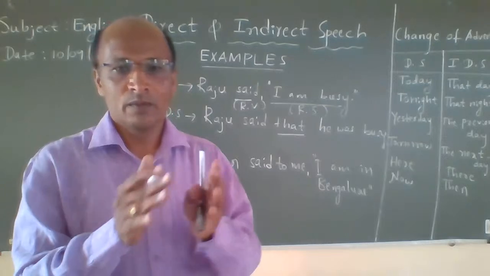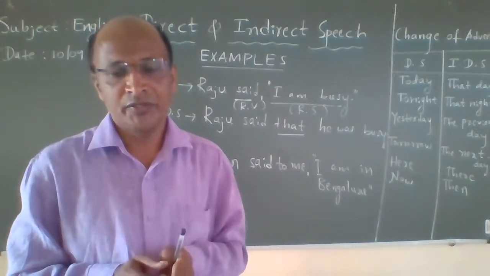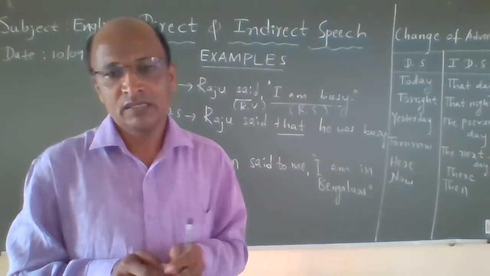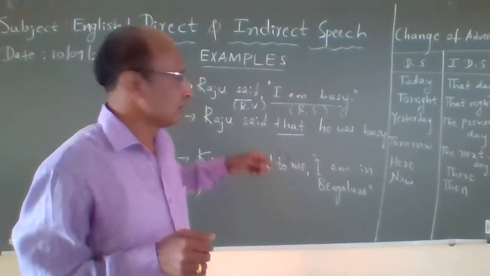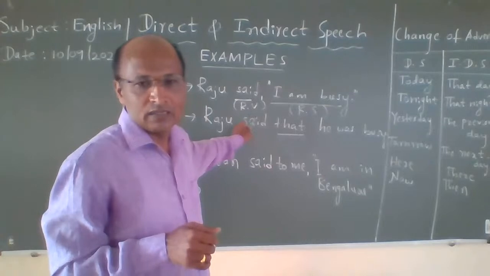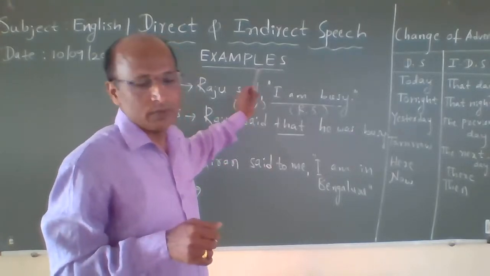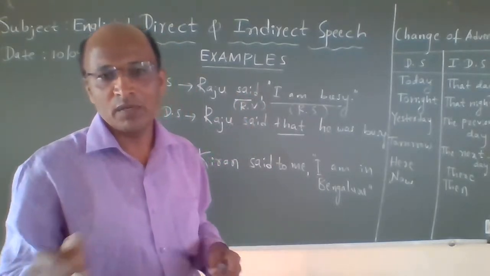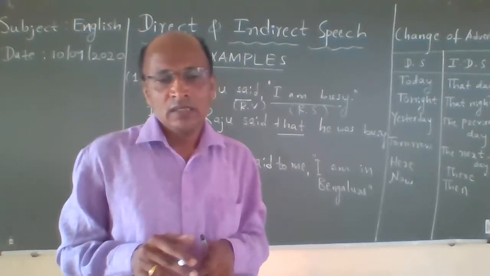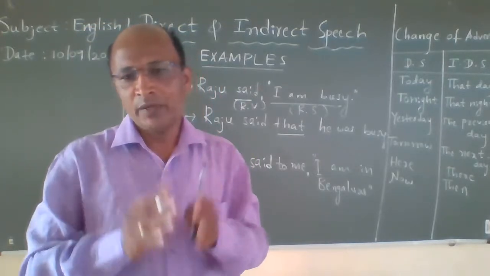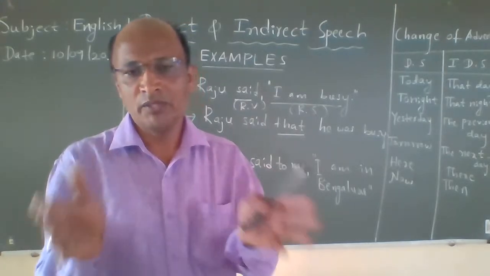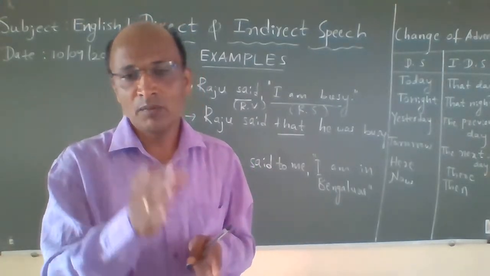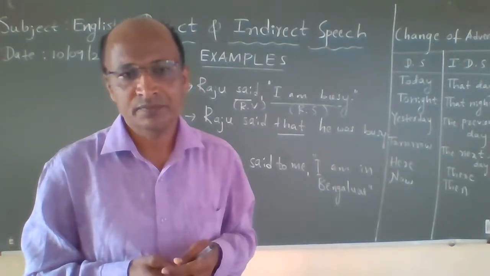Okay. While changing direct into indirect speech, we need to understand some important things. We know that the reporting verb said is in past tense. As I told you in the previous class, when the reporting verb is in past tense, the tense form of the direct speech is changed.